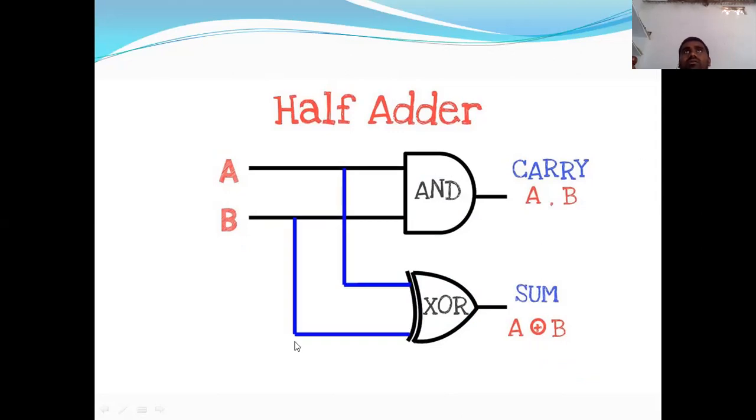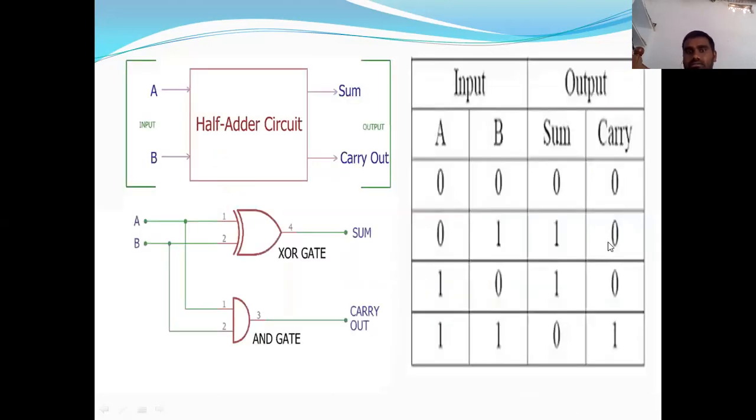So this is the half adder circuit. In half adder, we have two inputs A and B and get two outputs, sum and carry. In carry we are getting A into B, and in sum we are getting A XOR B. And next, the half adder block diagram is here. This is the A input and this one is B input.